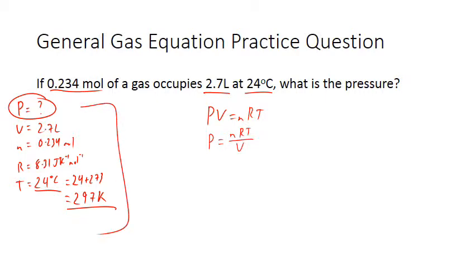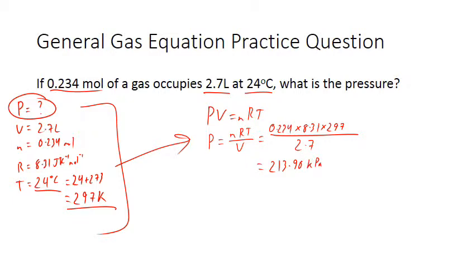Now we can sub all of these values into the equation. So we have 0.234 mole times 8.31 multiplied by 297 Kelvin, all divided by 2.7 liters. Short calculation later, we get 213.90 kilopascals for our pressure.